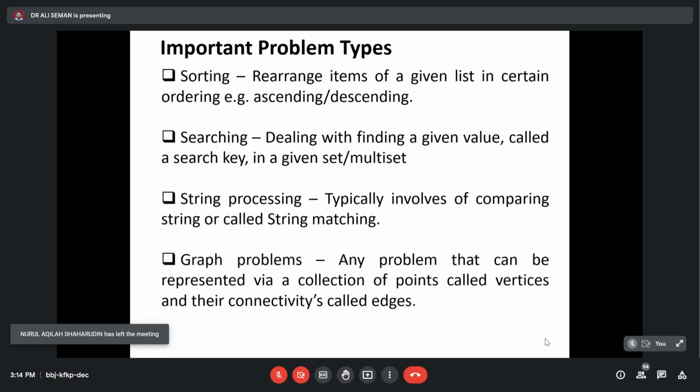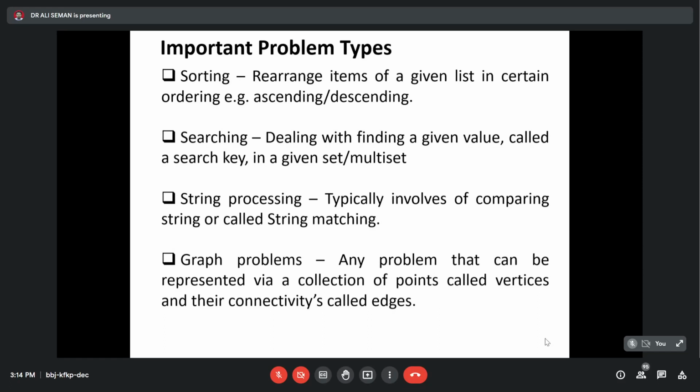And the fourth type is the graph problem. This is quite tough, but also a common and important problem. It is any problem that can be represented by a collection of points called vertices, connected by edges.